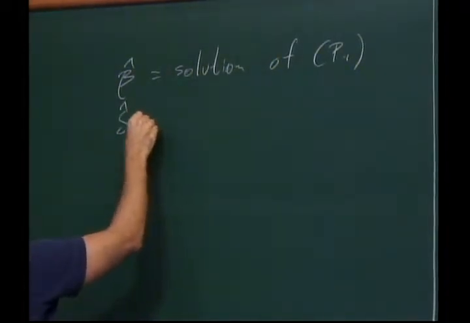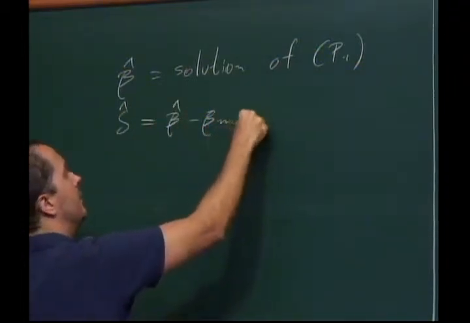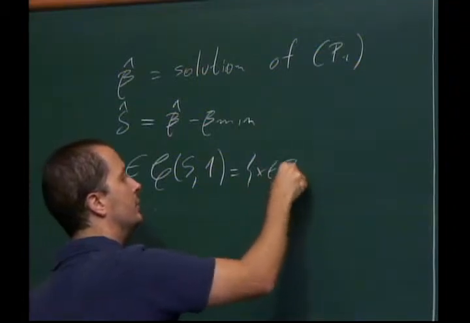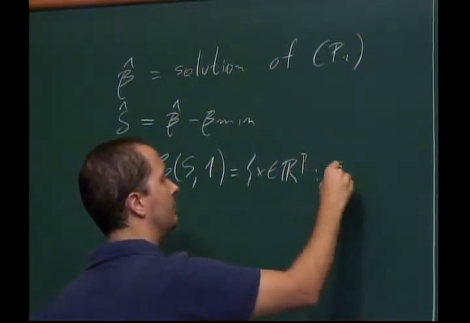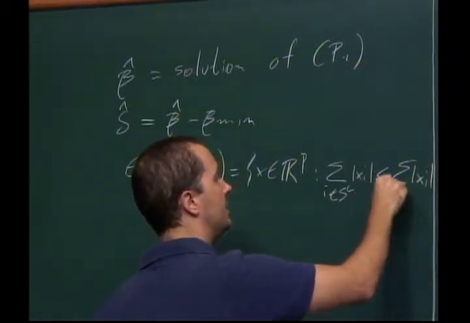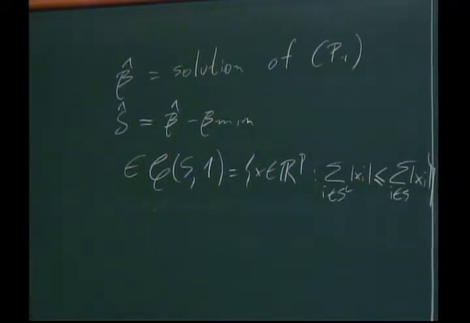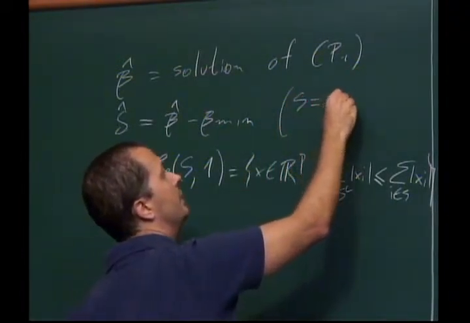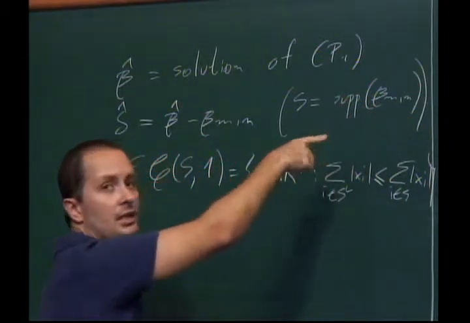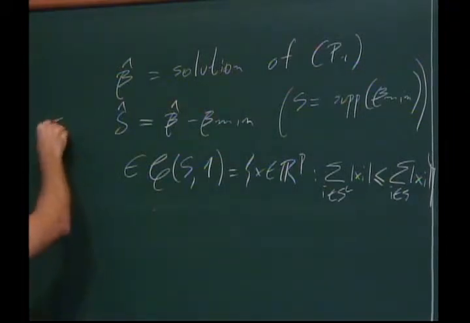We showed that the difference between beta hat and beta min belongs to a certain subset of vectors, which is a subset of all vectors whose L1 norm outside of a set S is less than or equal to the L1 norm inside the set S. And S is just the support of beta min, meaning it's the set of non-zero coordinates of beta min. So yesterday we showed this.